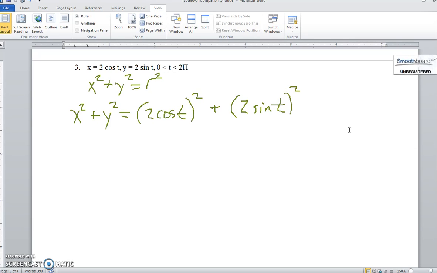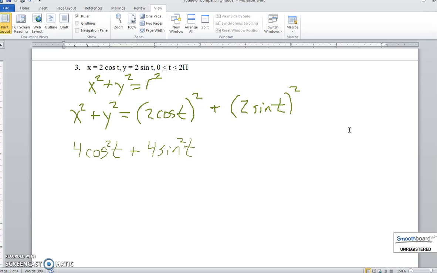And then I'm going to do that distributive idea again. 2 squared is 4. And then the cosine of t being squared, I could write like this. Sine is going to be very similar. So far nothing obvious, but what I do notice is that both of these things have a 4 in the front, so I'm going to factor out that 4.